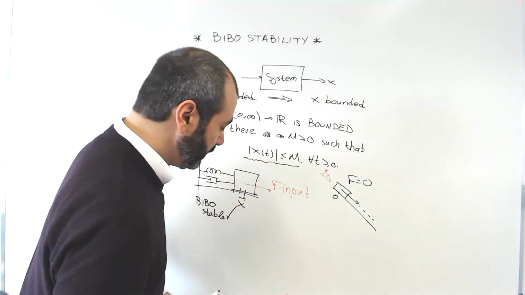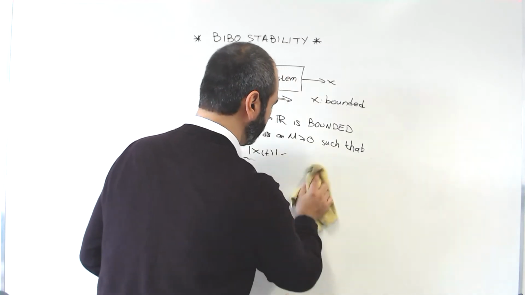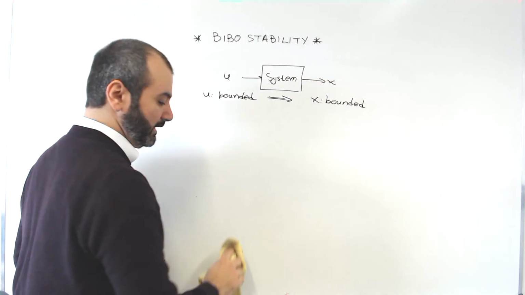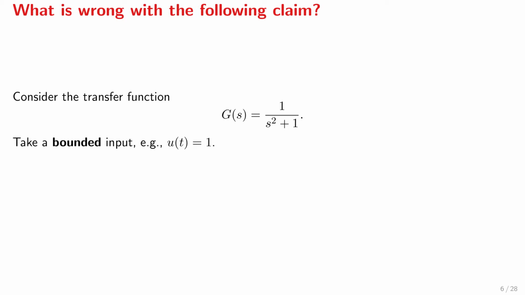Let's give now an example where we are given a transfer function, and we will try to tell whether the system is BIBO stable or not. Take, for example, the transfer function shown here, 1 over s squared plus 1. Take a bounded input, for example, u of t is equal to 1.